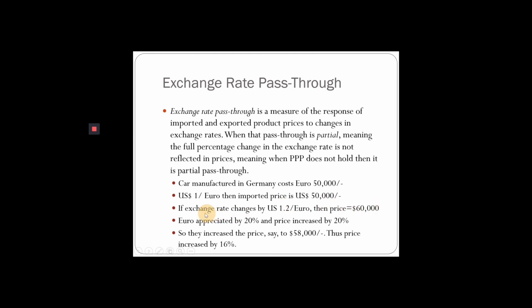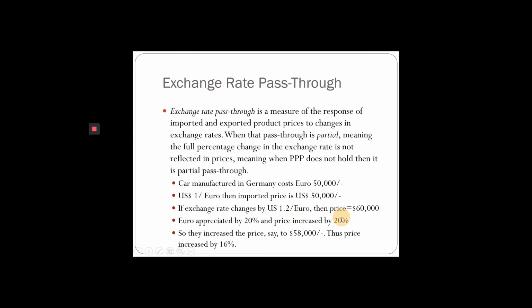So we can see that the euro has appreciated by 20%, because when it went from 1 to 1.2, the price of the euro increased by 20%, right? So 1.2 minus 1 divided by 1, you will get 20%. Likewise, the price of the car in USA also increased by 20%.